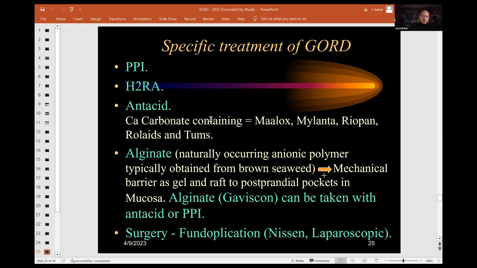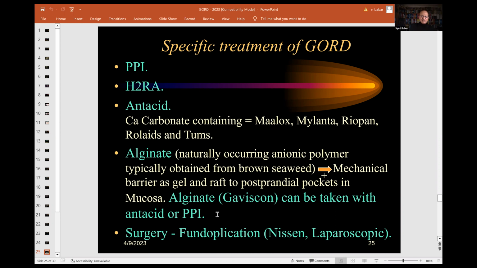The raft or the alginate coats it even more strongly and causes a barrier as a gel. And so when food is consumed, there is outpouring of secretions. So it is that which is not allowed to attack the gastric pits and the delicate mucosa.